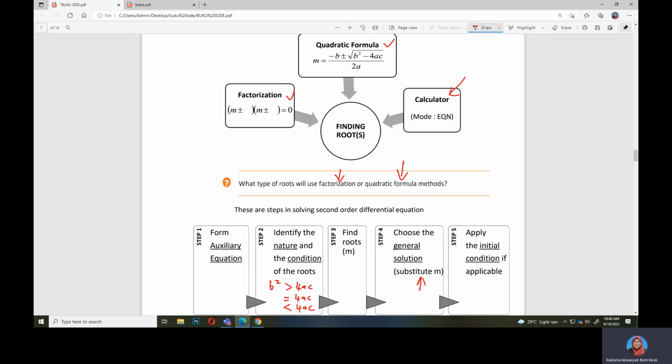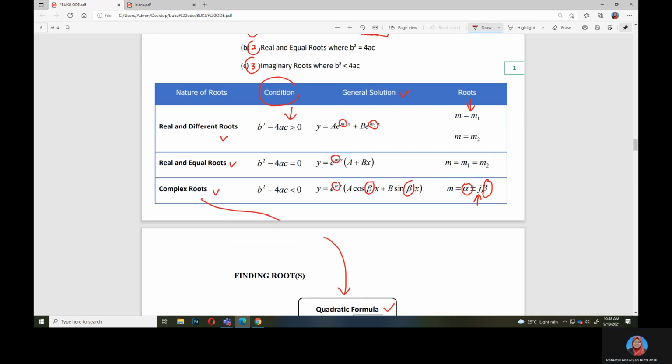After you find a root, for real and different roots, you just substitute the values of m1 and m2. For real and equal roots, you just substitute the value of m. For the complex root or imaginary roots, you just have to substitute the values of alpha and beta only.